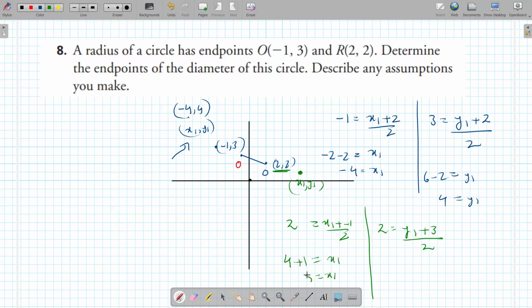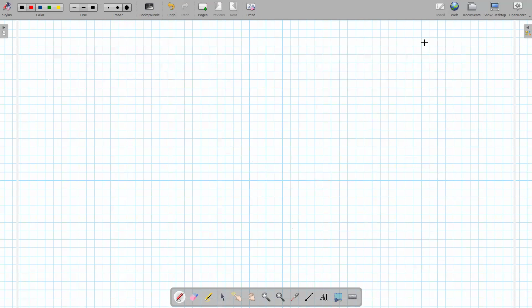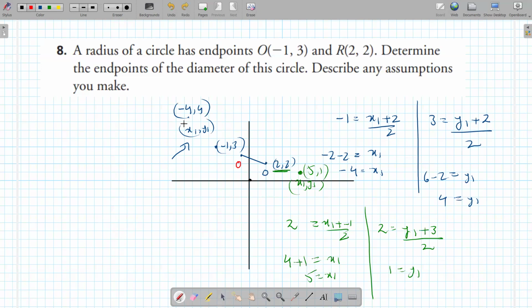This is 5. This is 4 minus 3, it's 1. So that point there will be 5, 1. So there's two answers depending on which end of the radius you use as the center of the circle. Does that make sense? In fact, no, we can't make that assumption. If it went through the origin, we can say the other endpoint of the diameter would be this, but this doesn't go through the origin, so this doesn't work. That's the only two diameters that we do know.